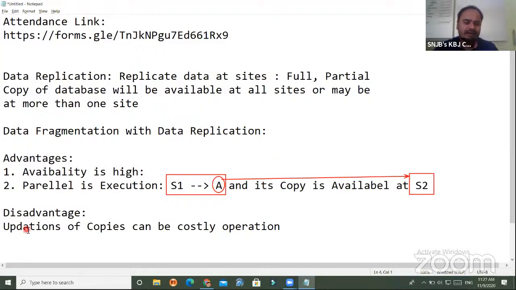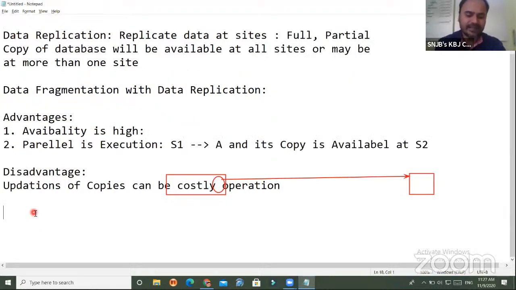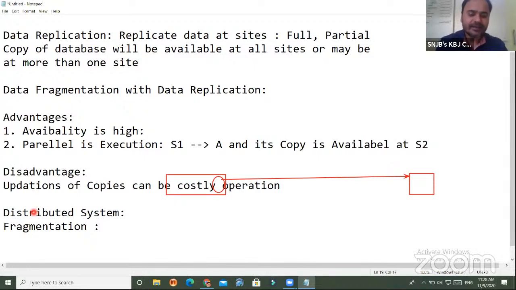I have tried to cover the concept of distributed databases, concept of distributed system, that I have cleared you today. Then I have told you about fragmentation, both the types, that is horizontal fragmentation and vertical fragmentation.